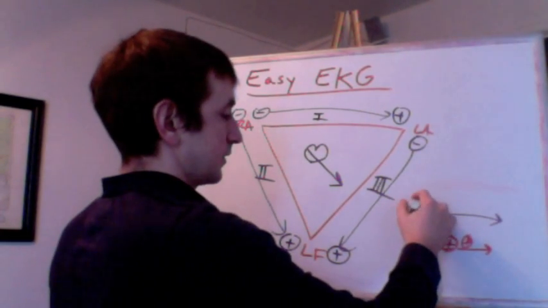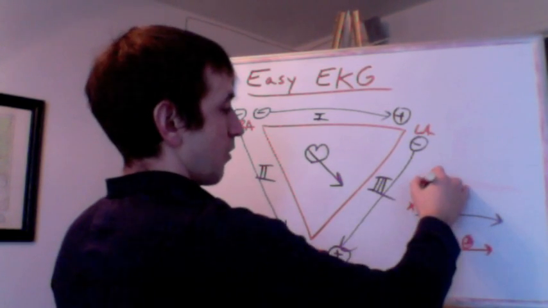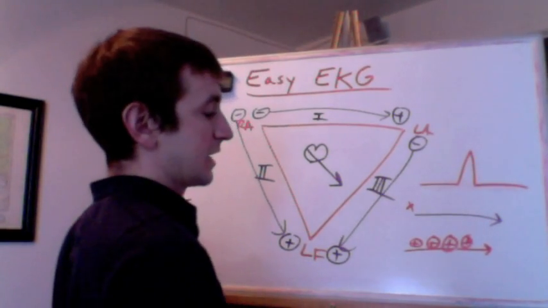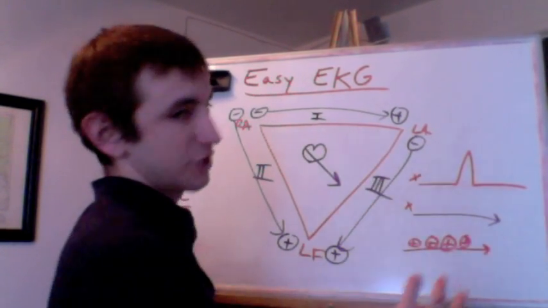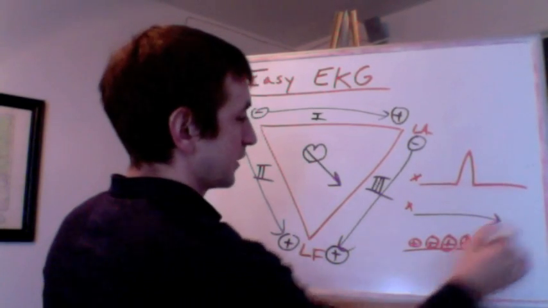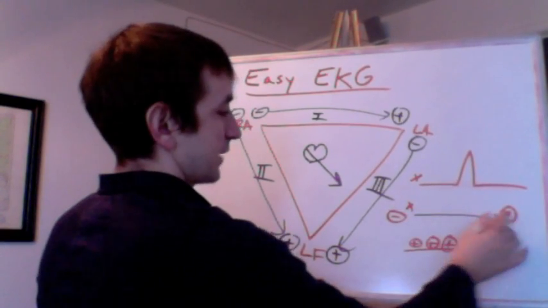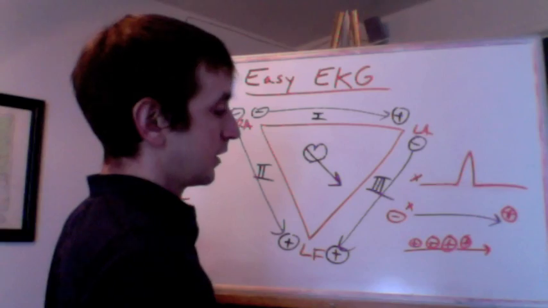So if we're saying this is lead X, and it's measuring depolarization, you would have a positive spike on lead X's EKG, if you want to call it that, or on their voltmeter, because it's becoming more positive as it's approaching the positive side of that vector. The arrow always points to the positive side of the vector, okay?